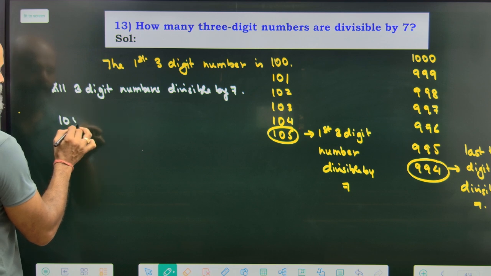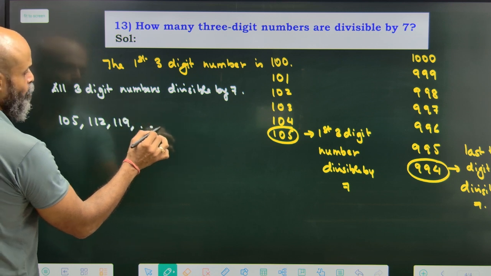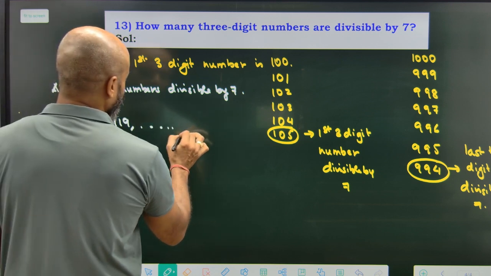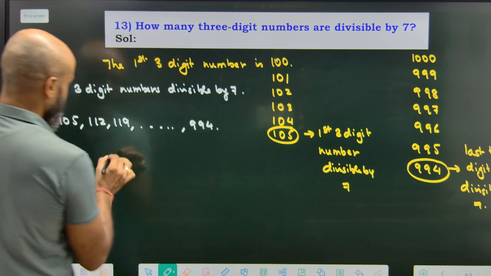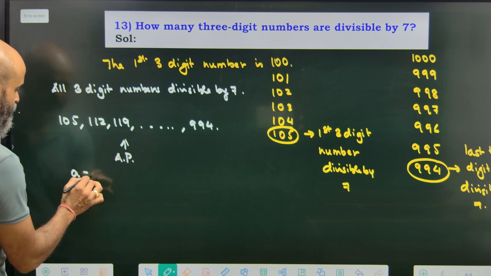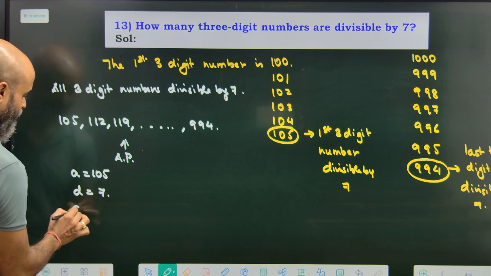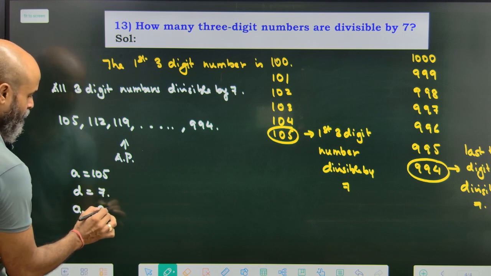What will be the next number? It will be 112, then 119, and so on and so forth till 994. So this is basically forming an AP. This is an AP with first term A equal to 105, with common difference D equal to 7, and with the last term AN equal to 994.